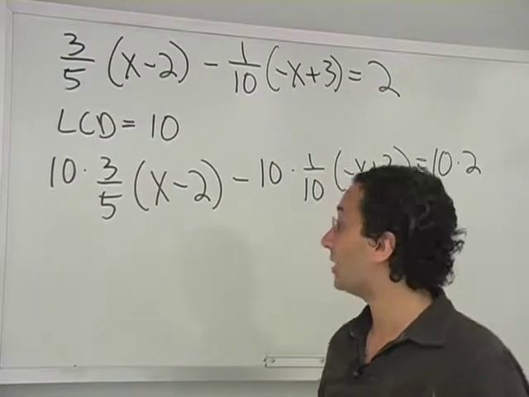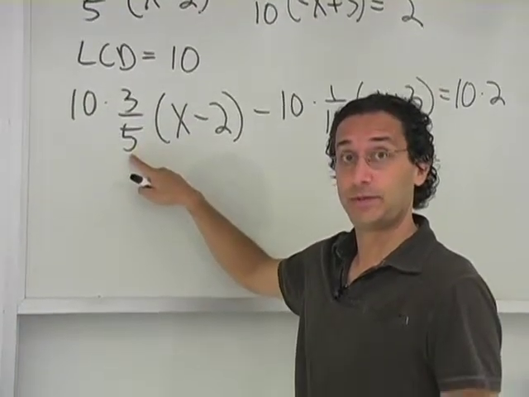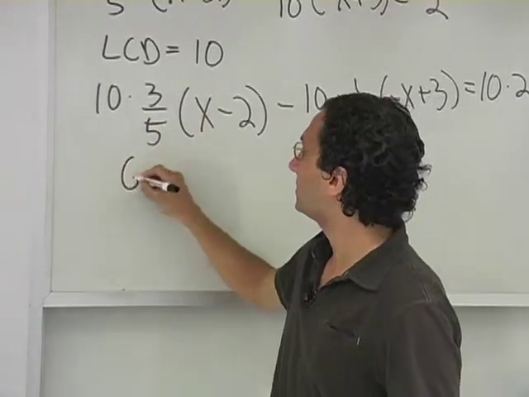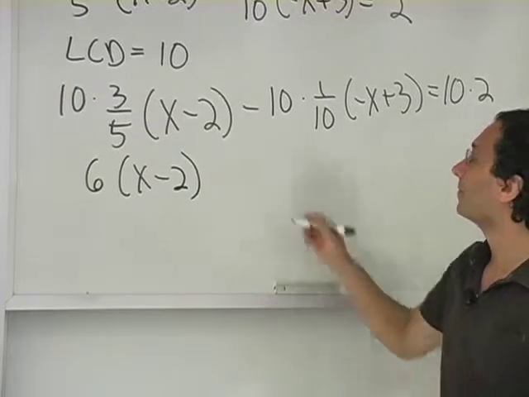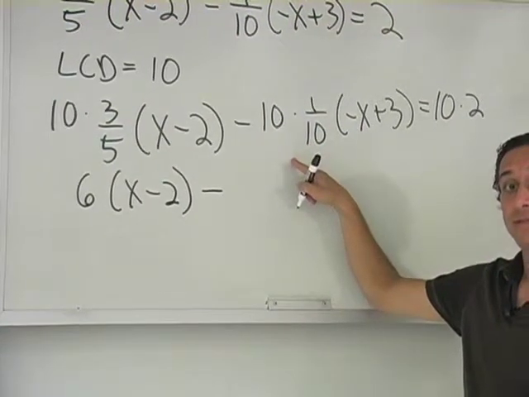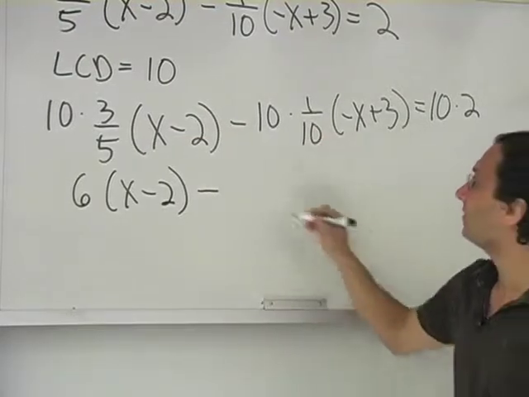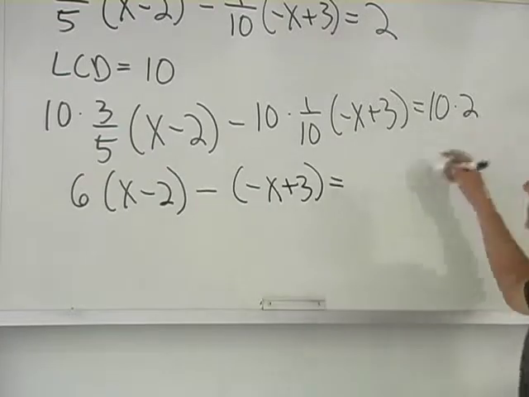We're not going to have a fraction anymore. 10 over 5 is just 2, and 2 times 3 is 6. 10 times 1 over 10 is just 1. The 10's cancel. 10 times 2 is 20.